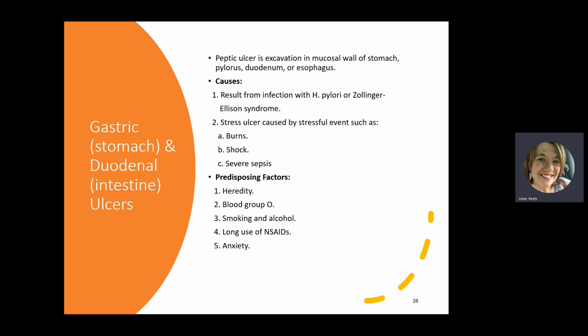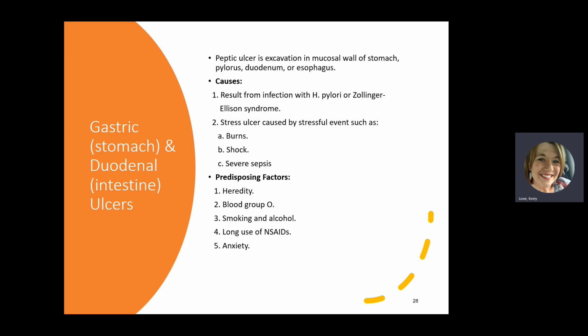So our patients in the hospital with serious conditions where the body is trying to heal, burns, shock, sepsis, patients that are intubated, they're always going to be on a proton pump inhibitor. We are trying to decrease the risk of that increased stomach acid damaging the esophagus, the stomach, and the small intestine.